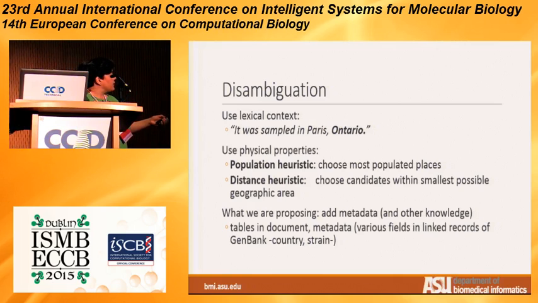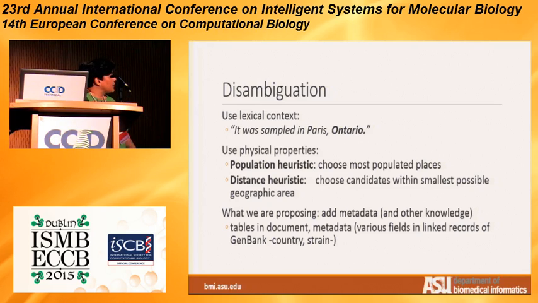So here, others have proposed a population heuristic: basically, given choices, choose the most populated place. The logic of that is a lot like statistics, okay? It's likely to be the biggest place rather than the smallest place. You might disagree with that one, but it happens to work. So that logic doesn't always work, but it actually works most of the time.